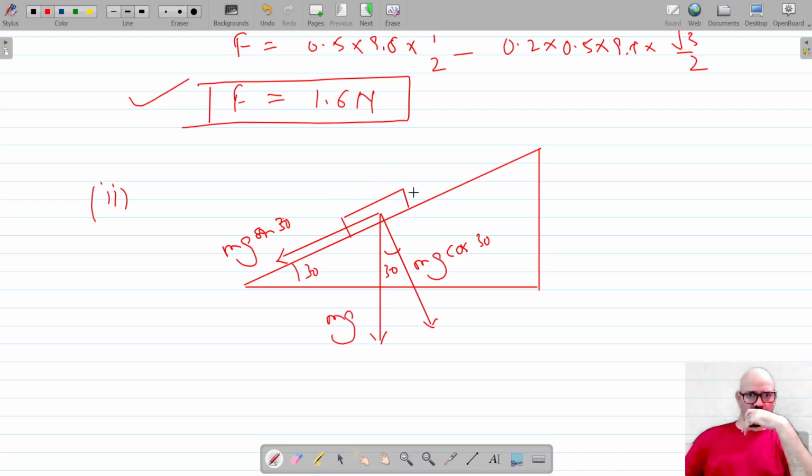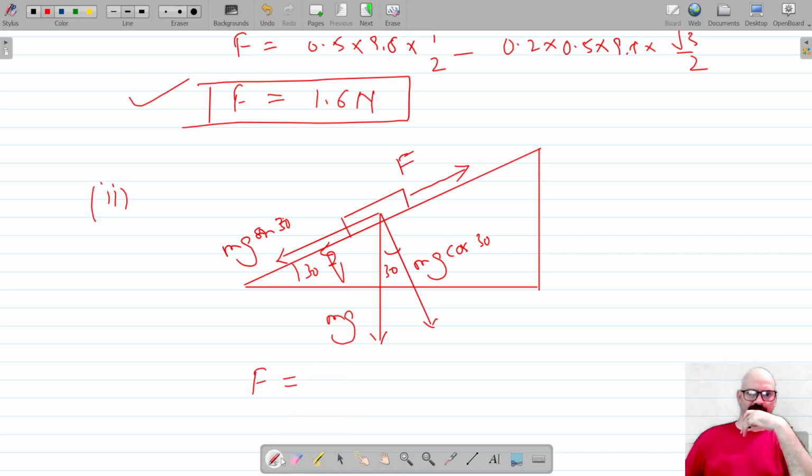Because we have to move the block up the inclined plane, the force of friction now is in this direction, and we have to apply the force in the upward direction. So the force that we need to move the block up the inclined plane will be applied in the upward direction.